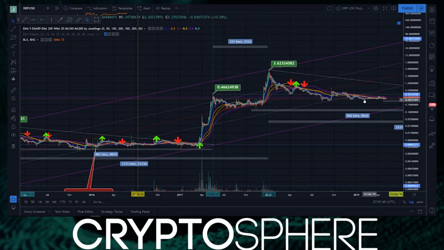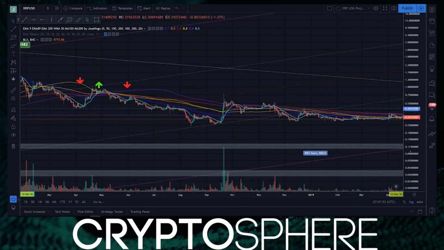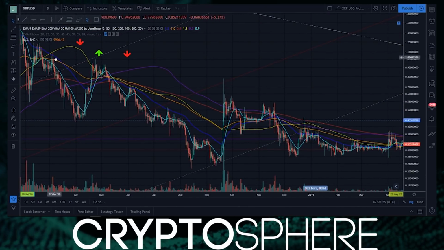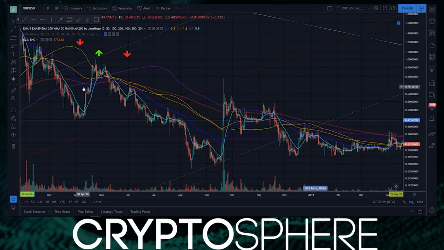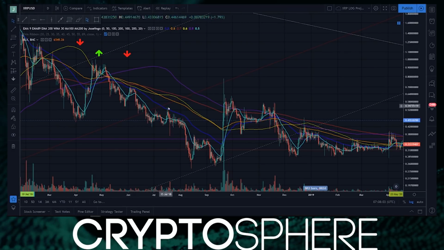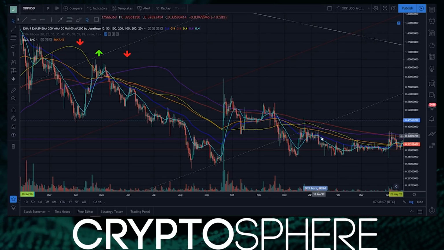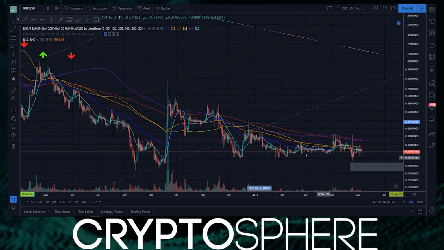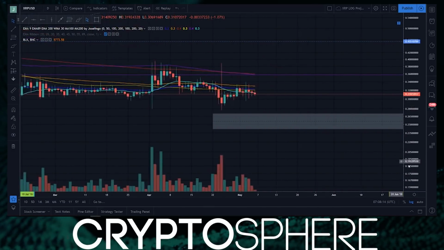But we have not, I'm going to show you. The blue is the 50, the red is the 200, death cross, golden cross, death cross, and nothing, almost a fake, nothing, still nothing. Let's kind of zoom in on that.